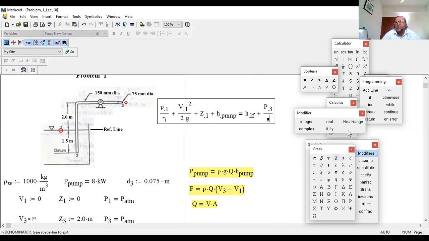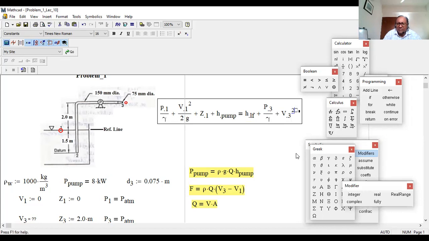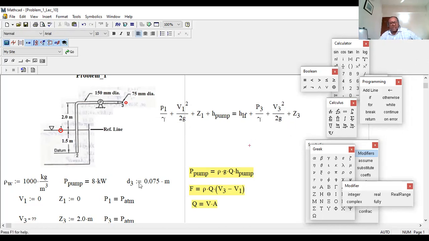So P3 divided by gamma, plus V3 square divided by 2G, plus Z3. This will be your equation.